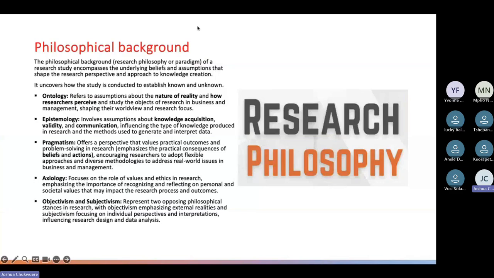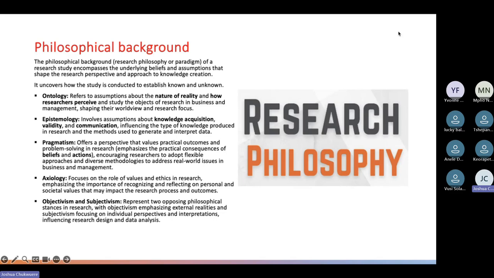So as we have established that we are following standard steps in the process, which is the research onion in this case, the first thing you see when you're using it is that it has a research philosophy. And what is a research philosophy?